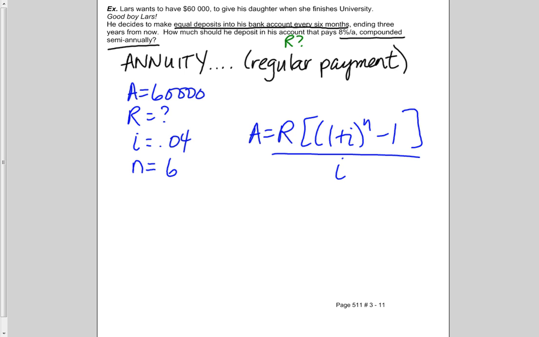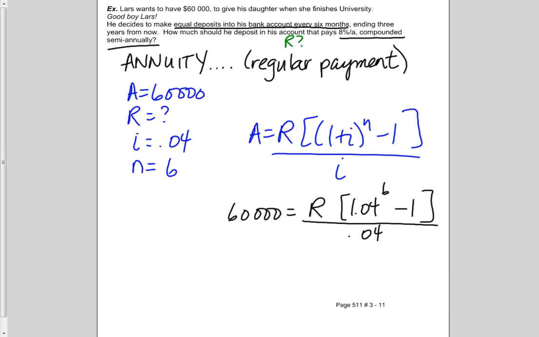$60,000 equals R times 1 plus I, 1.04, to the 6. Take away 1 over 0.04. Again, we're solving for R. You're peeling away all the extra numbers. We're going to multiply both sides by 0.04.